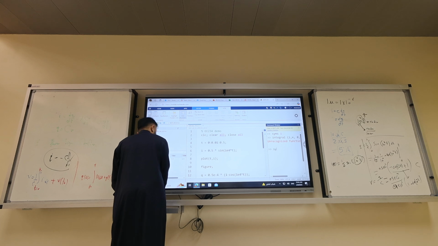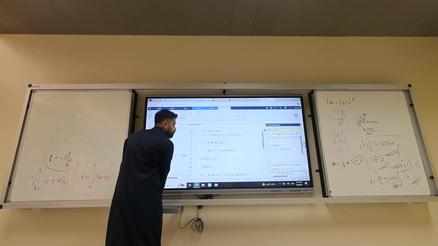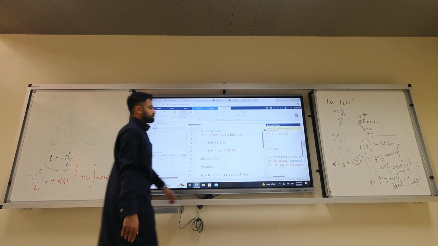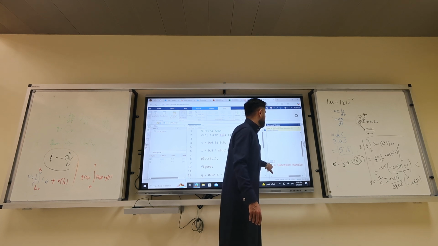So you can write syms t, okay? And then i equals, let's say, sine of t. And then you do the integral of i with respect to t from 0 to 1.